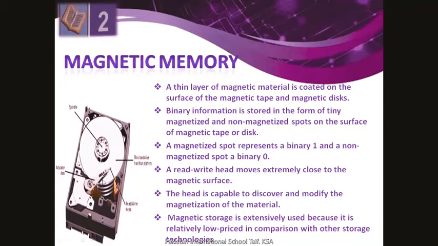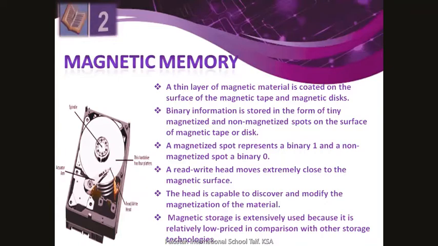The read or write head moves extremely close to the magnetic surface and can read your data. We have multiple platters in a magnetic memory and they can rotate, and the read and write head is used to read the data of your magnetic disk. The head is capable of discovering and modifying the magnetization of the material.